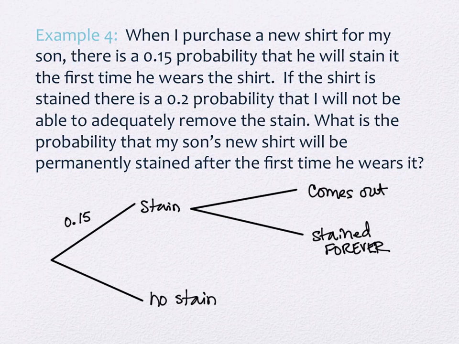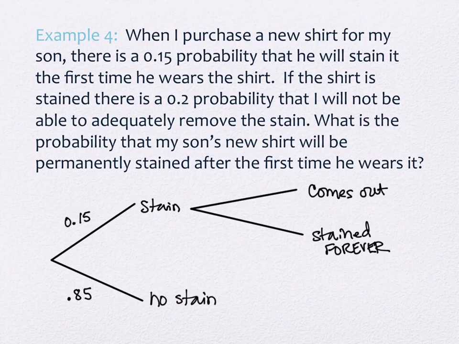What is it? 8.5, you're getting close. How did you get 8.5, Miranda? 100 minus 15 is 85. Yeah, we're trying to get every pair of branches to add to 1, right? So I need these 2 numbers, whatever they are, to add to 1. That's why it's going to be 0.85. Cool? Okay, now, if it's not stained, then we just put it in the wash and we're done.